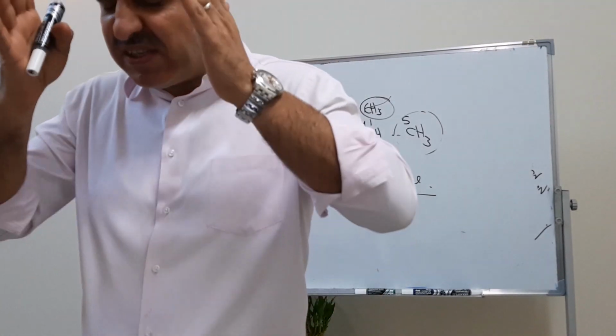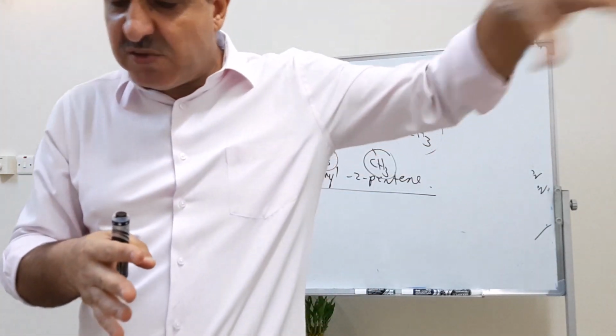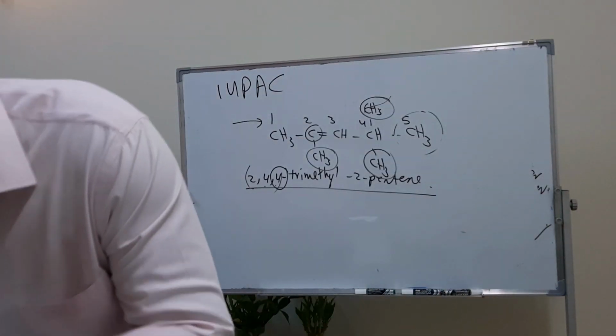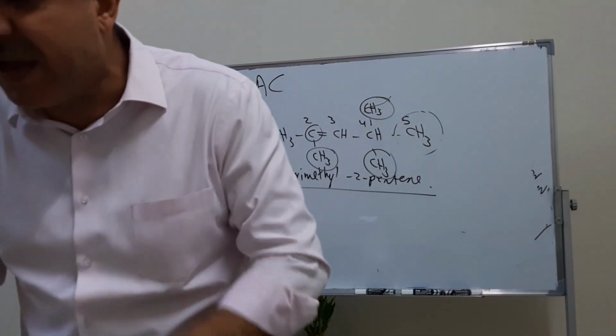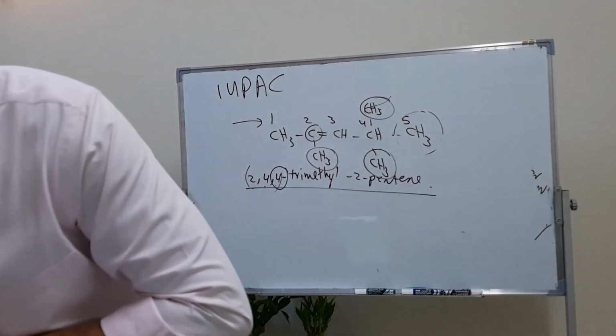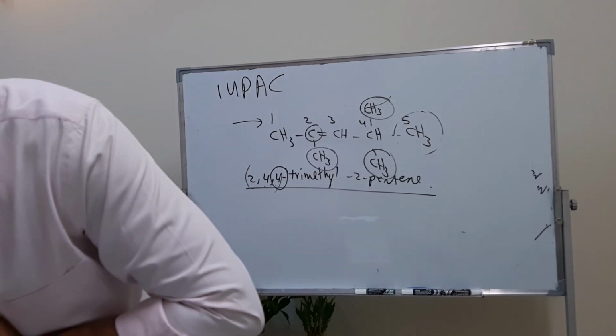Every substituent must be designated by a number, unless there is no need for it, which is very, very limited examples in organic chemistry. Do you follow me? Every substituent must be designated by a number. If you have 10 substituents, you must have 10 numbers. Get the point? Is that clear, Riham?